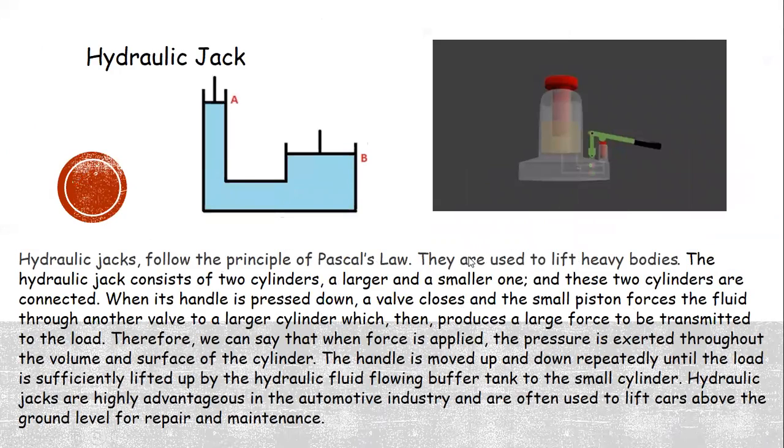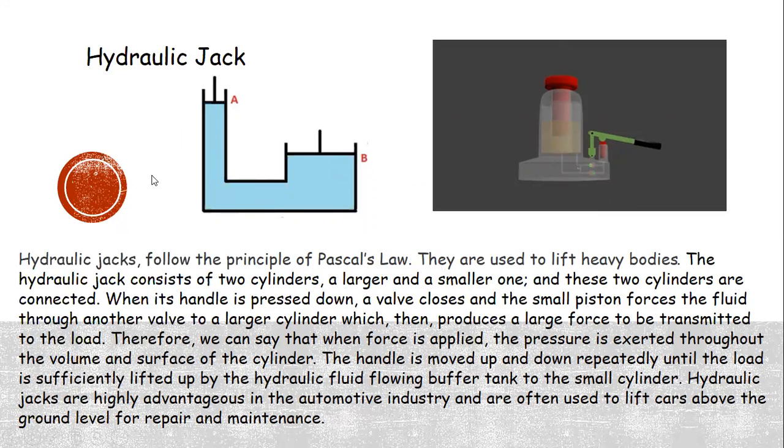We have a hydraulic jack, jacks you know very well. When your car gets a puncture, you place a jack underneath it to lift your car. Hydraulic jacks work on the same principle, the Pascal principle, and they are used to lift heavy bodies. The basic structure is the same.